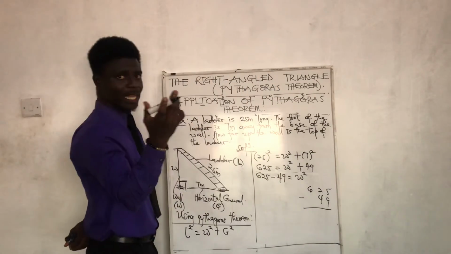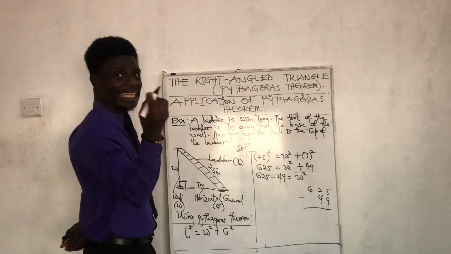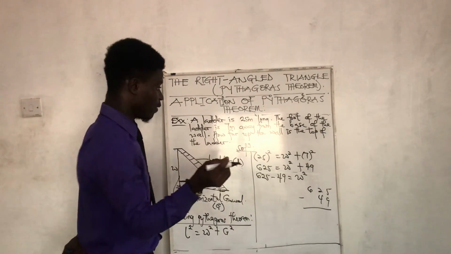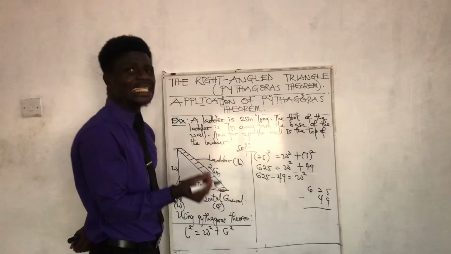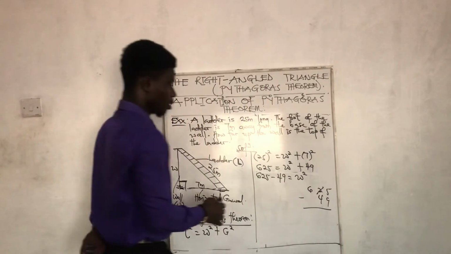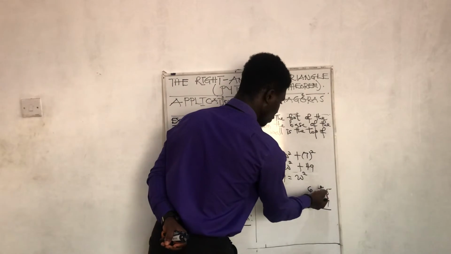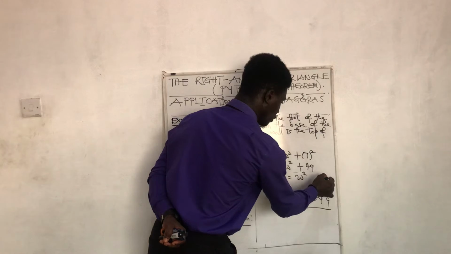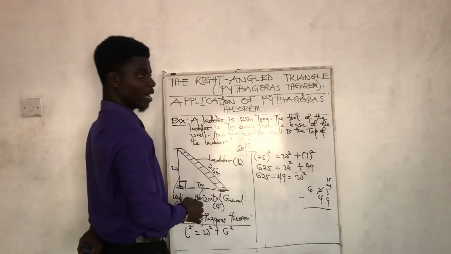Now 9 from 5, it can give us a negative value, but we don't want that. We want a positive value. So we borrow 10 from these two places, right? So now 10 plus 5 we get 15, right?